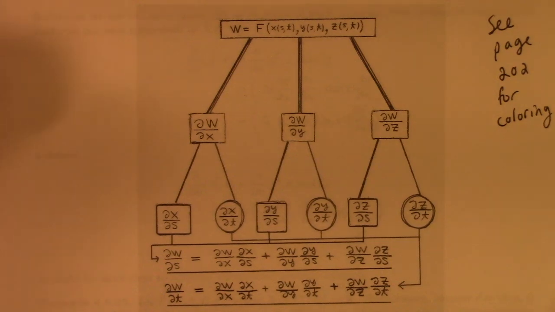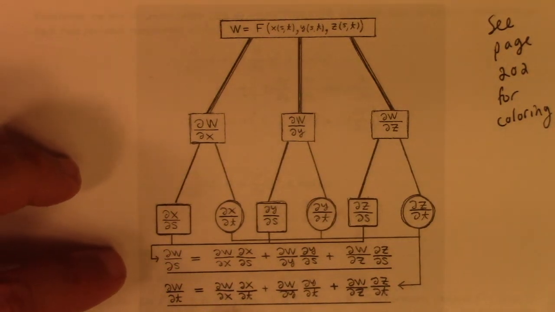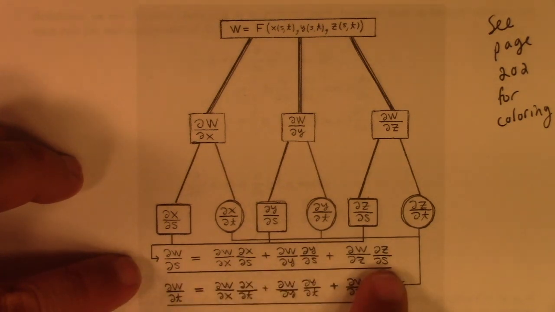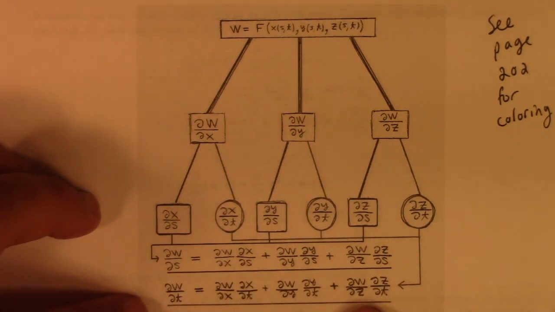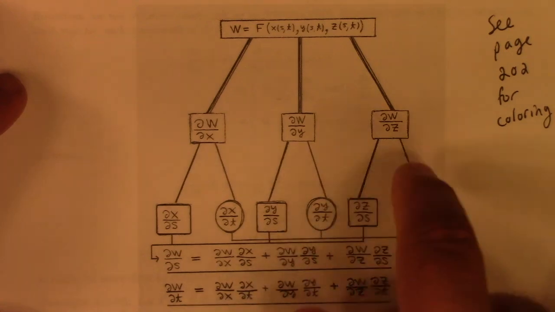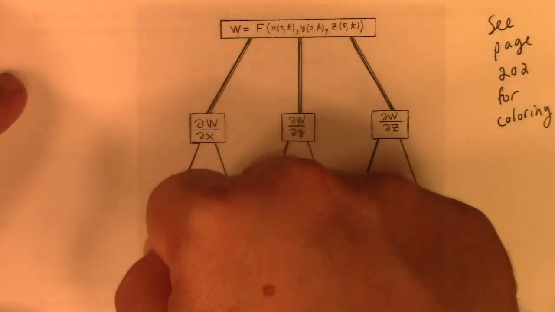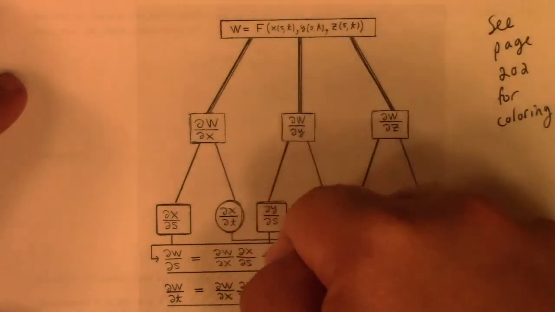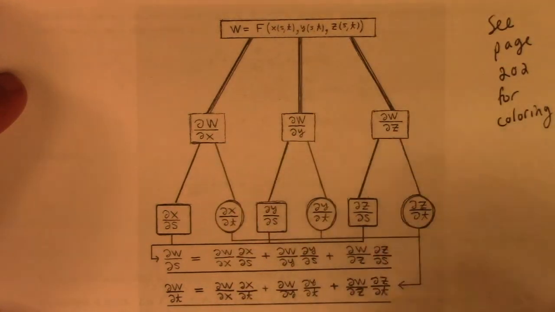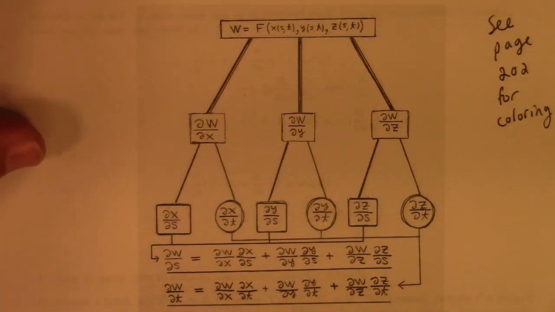But basically I explain through some color coding how we get the partial w partial s versus the partial w partial t.